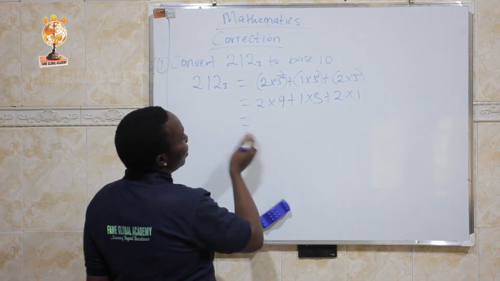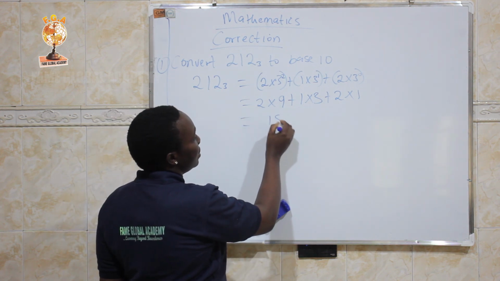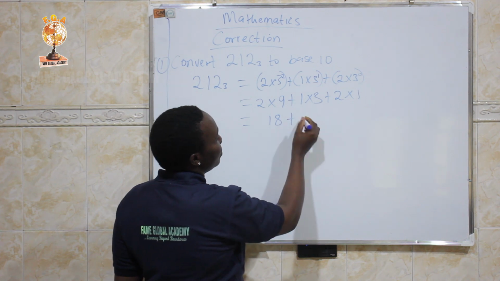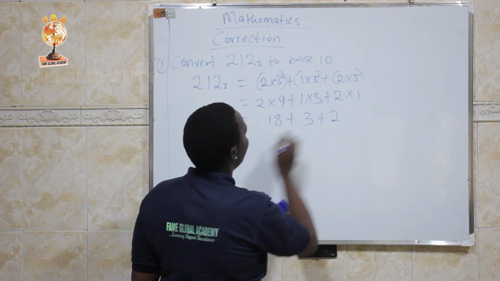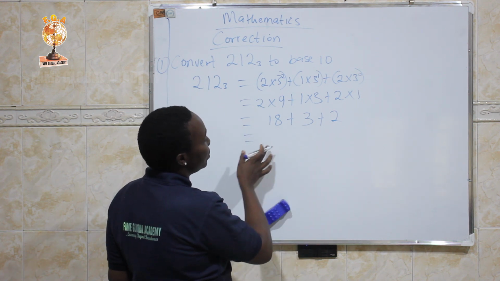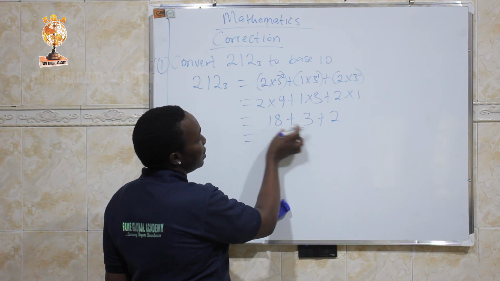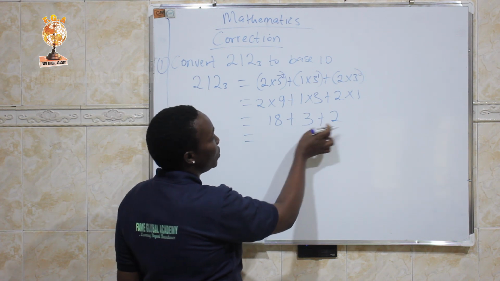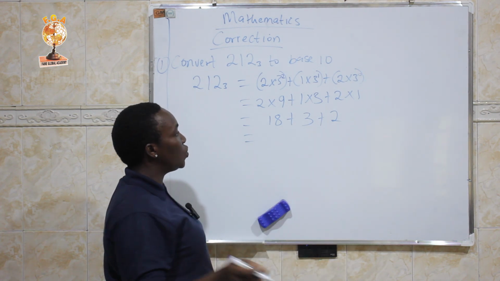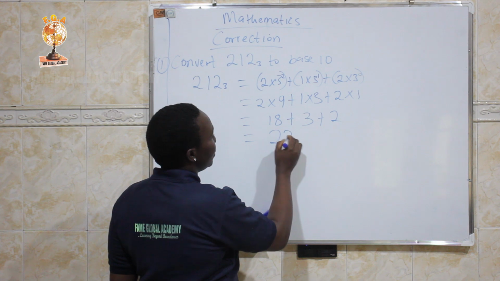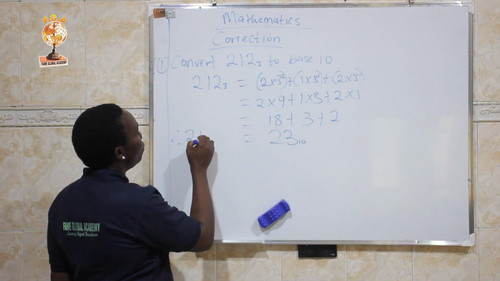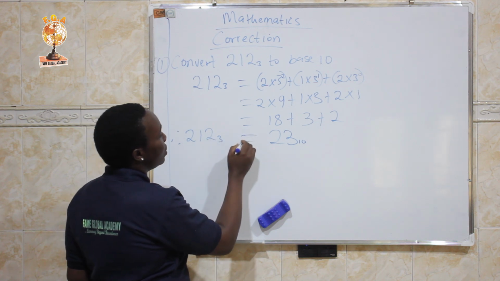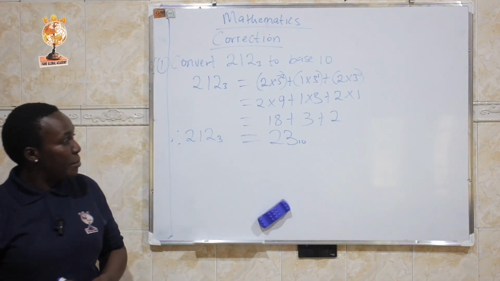So we have 2 times 9 is 18, plus 1 times 3 is 3, plus 2 times 1 is 2. If we add everything together, 18 plus 3 is 21, 21 plus 2 gives us 23.